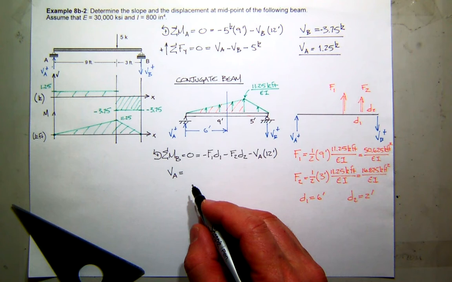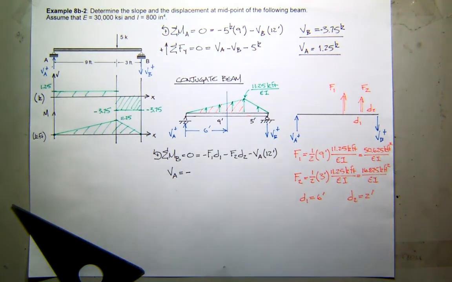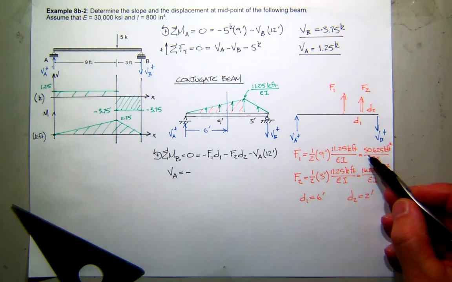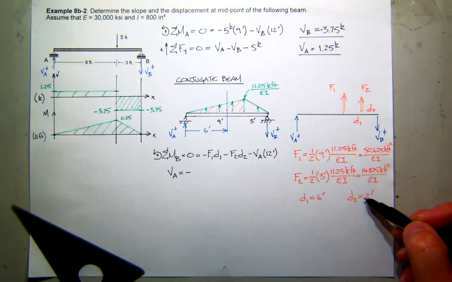I have a feeling it's going to be negative. So we've got 50 times 6, which is about 300. We've got 16 times 2, which is about 32. So that's like 332 divided by 12.